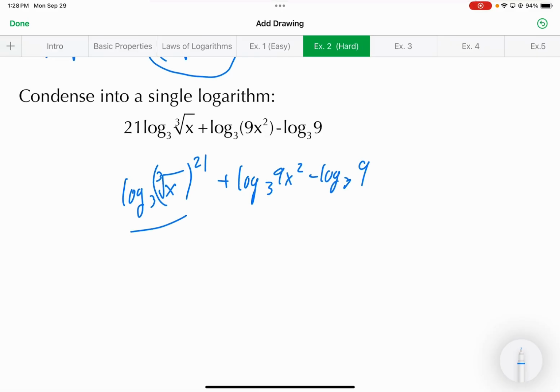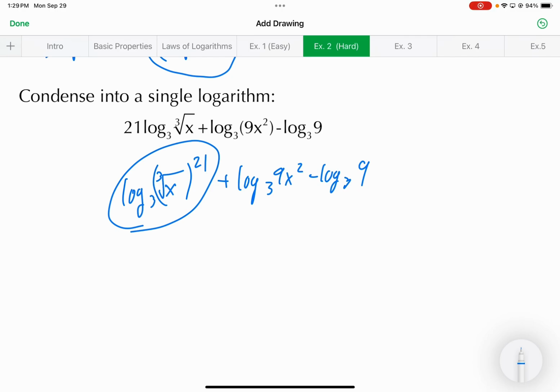What can I do with this term right here? What can I do with that exponent? Hey, awesome. Thank you so much. What would that exponent become? 21/3, right? Because it's the cubed root. Are we okay with that? 21/3. What is 21/3? 7.